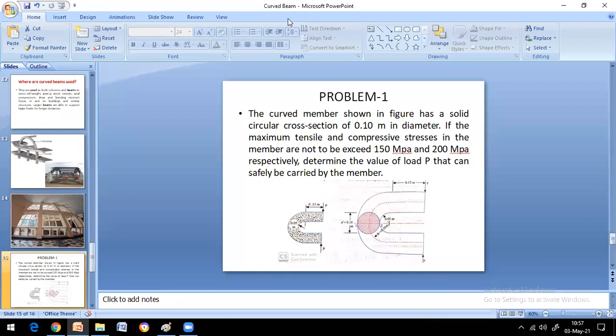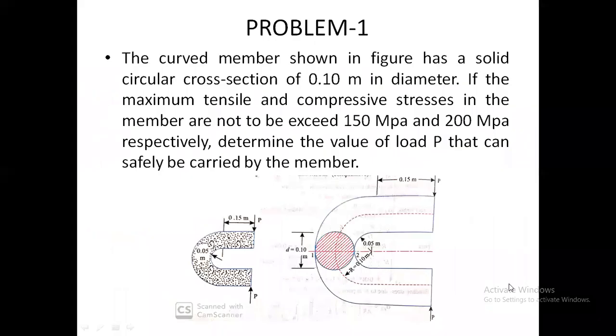Problem 1. Note down this. The curved beam shown in figure has a solid circular cross section of 0.1 meter in diameter. What do you mean by 0.1 meter in diameter?